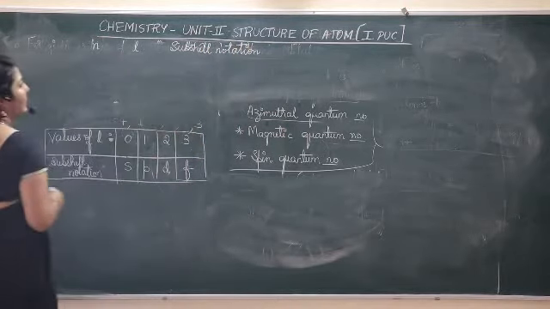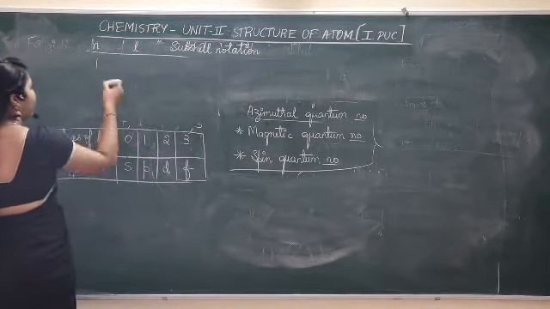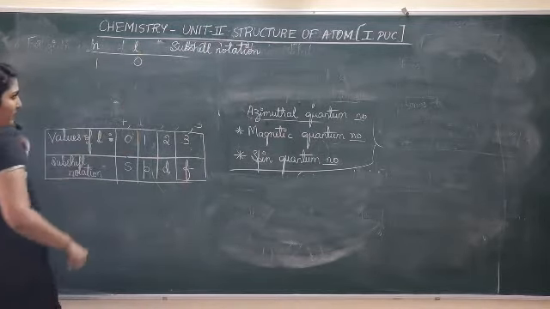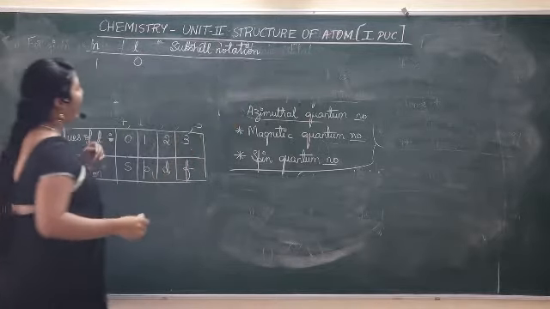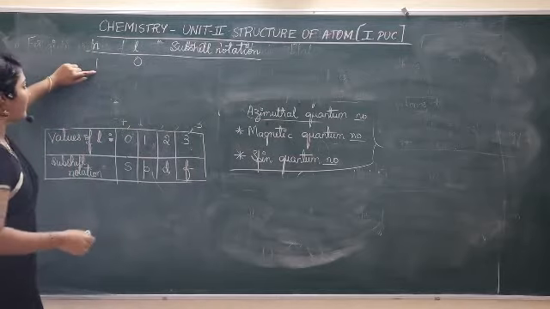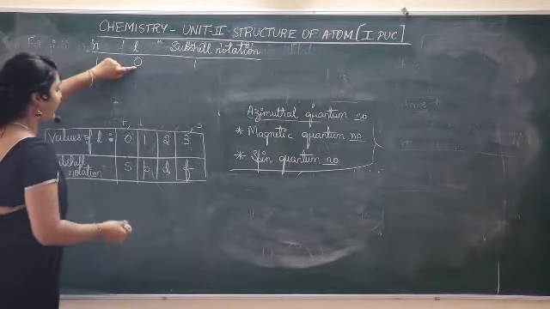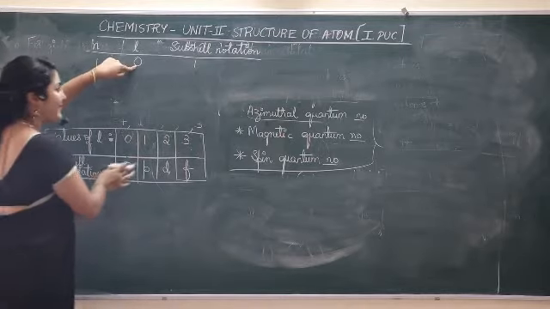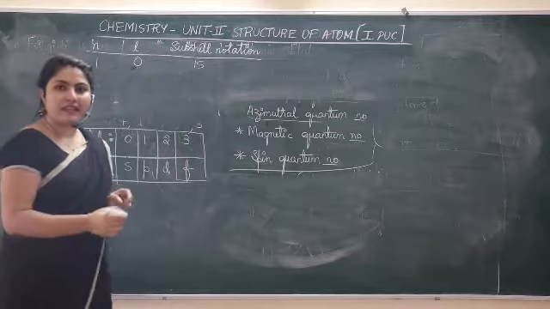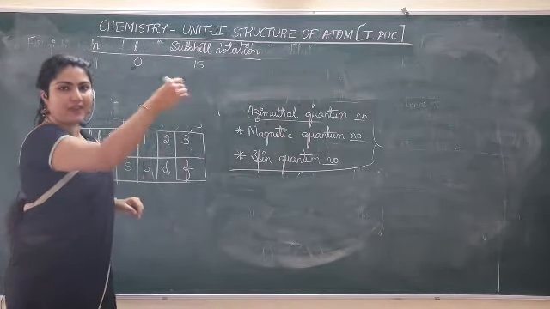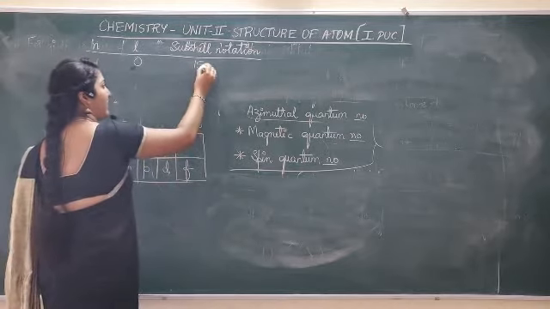After 1 or 2, it becomes easy for you to write. When n value is 1, L value is 0, then how do we write the subshell? n is equal to 1, so subshell is written as 1. L is equal to 0 means s orbital. So 1s. Do you remember writing electronic configuration? We write 1s2, 2s2, 2p6. So here it tells about the subshell.